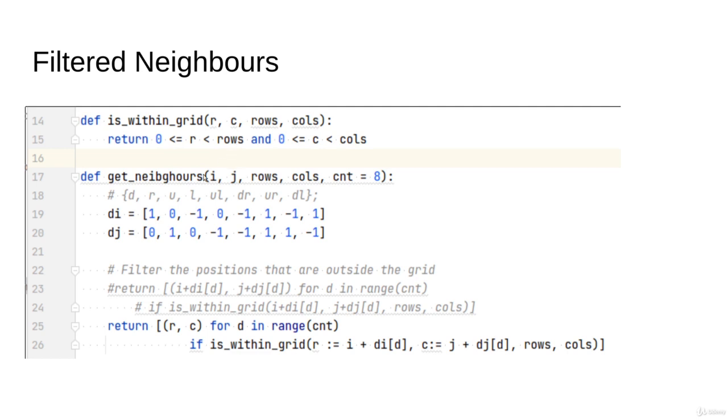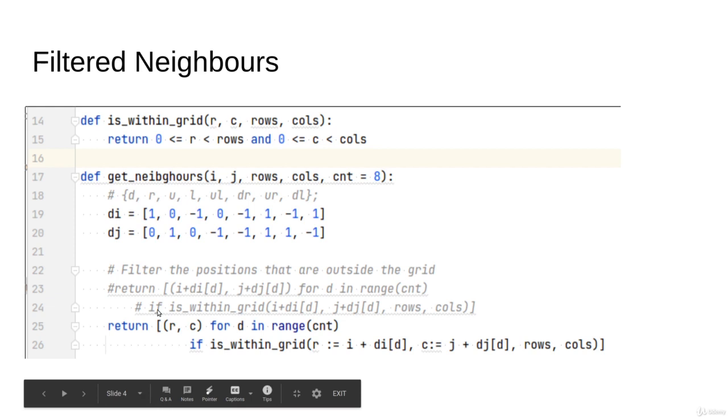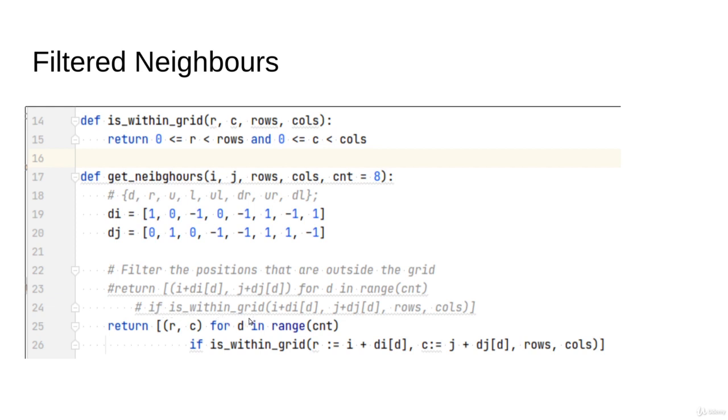Now let's change our previous code to allow us to filter the invalid positions. We can do it as following here in this commented code. This is our previous code, and I'm adding an if condition to it as a filter. If is within grid, passing I, di, and j, dj, and the rows and columns. This is so good. There is just one minor issue in it. Observe here, the R and C equations are duplicated.